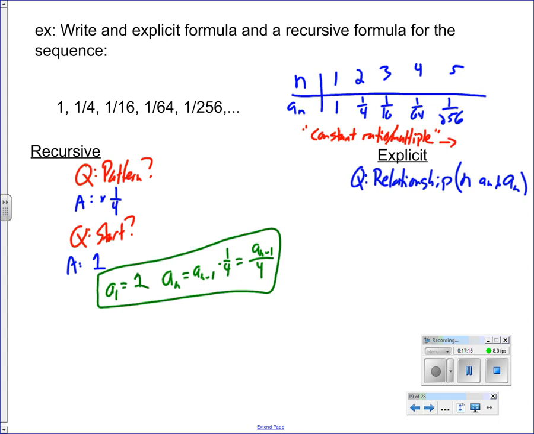And again, from the functions we've looked at, we know this should represent an exponential function. Where we have the exponential function with base 2, we multiply by 2 every time. Base 3, multiply by 3 every time we go up 1. Base 5, multiply by 5 every time we go up 1. Here, our base would be 1/4. We're multiplying by 1/4 every time we move to the next term.